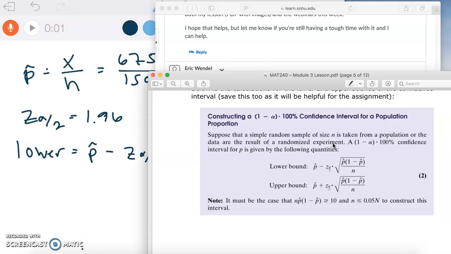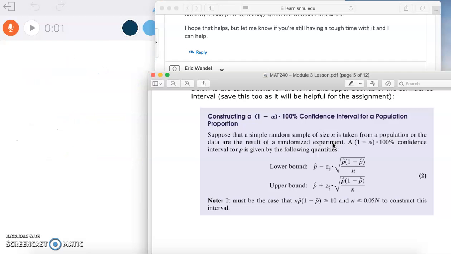So that's going to equal 0.45 minus 1.96 times the square root of 0.45 times 0.55 all over 15,000. When I put that into the calculator, I get 0.442038. That's for the lower bound.